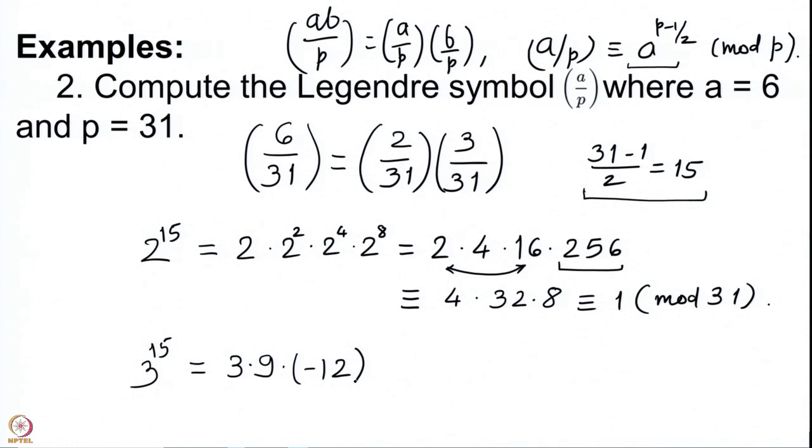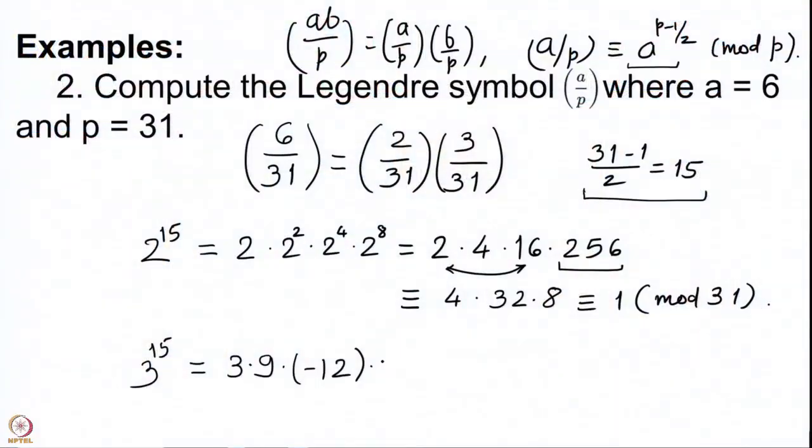So, 81 is minus 12, and then we need to compute the square of the earlier number. Minus 12, its square is 144, but 144 is 124 plus 20, and therefore modulo 31, these numbers are simply 20. Now when you compute the product of 20 into 3, you get 60, and 60 is minus 2.